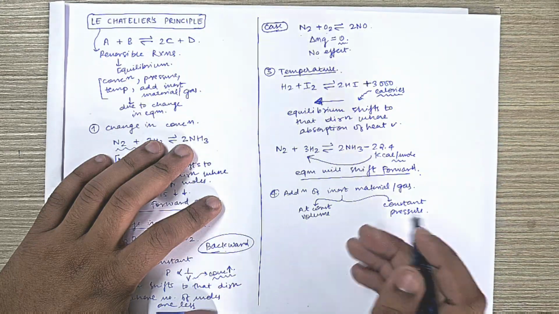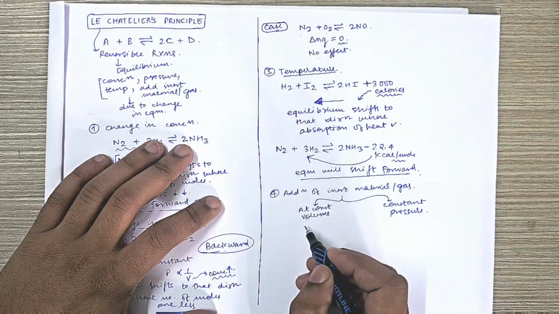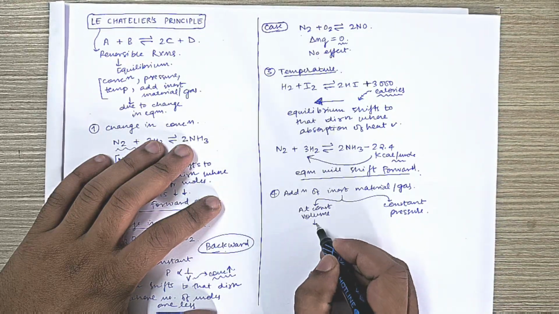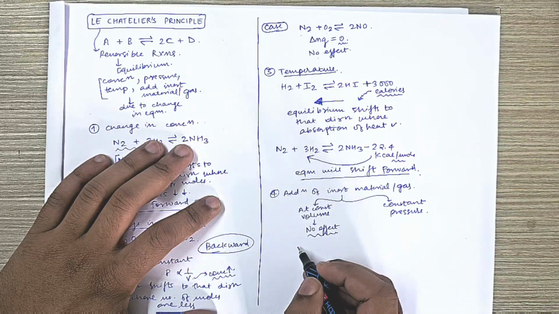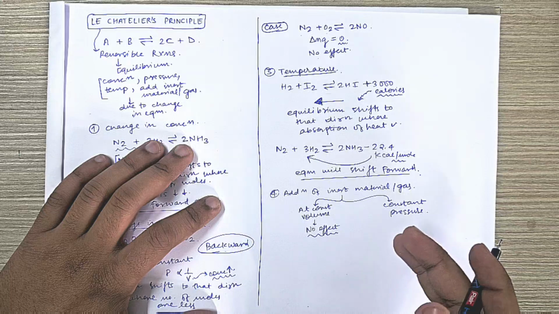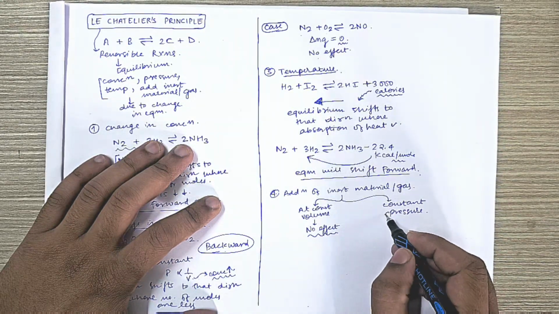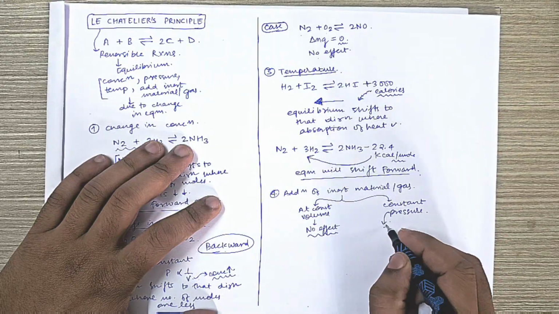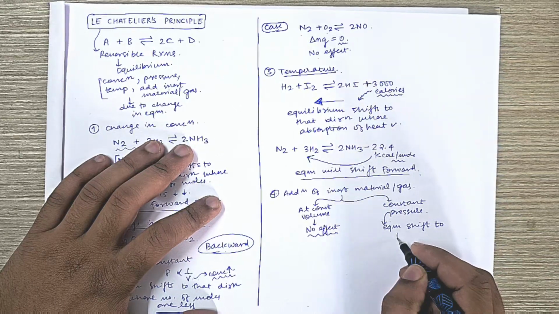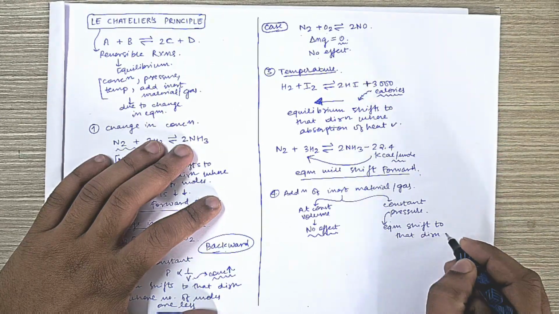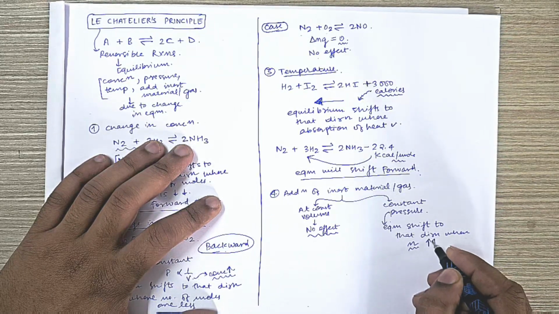At constant volume, when you add inert material, you might think that the volume will increase, but when we take the constant volume condition, there is no effect, because the volume remains constant and the concentration on both sides, the product and reactant, remains constant. And when we talk about the constant pressure condition, the equilibrium will shift to that direction where the number of moles are more.